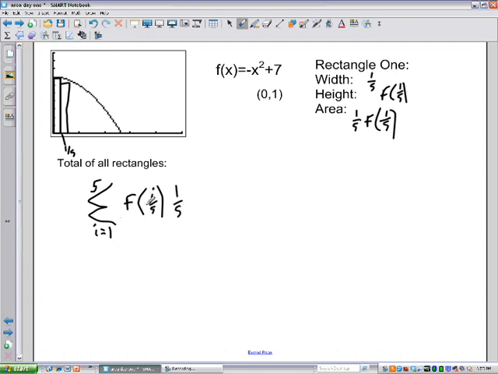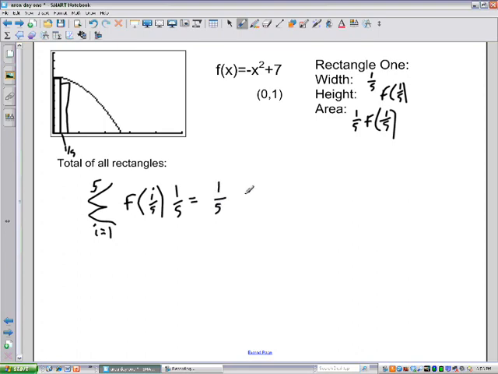Now f of i over 5, because rectangle number 1 is at 1/5, rectangle number 2 is 2/5, 3/5, 4/5, 5/5. So our counting from i goes 1 to 5, and it works like that.